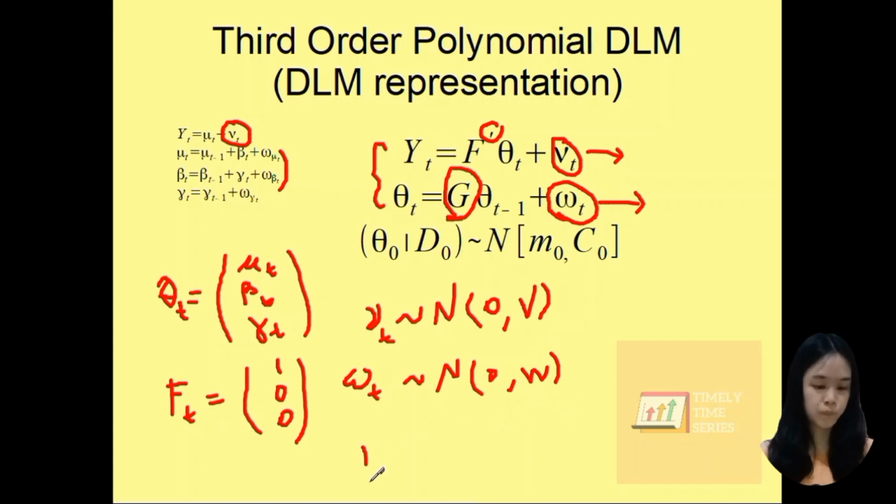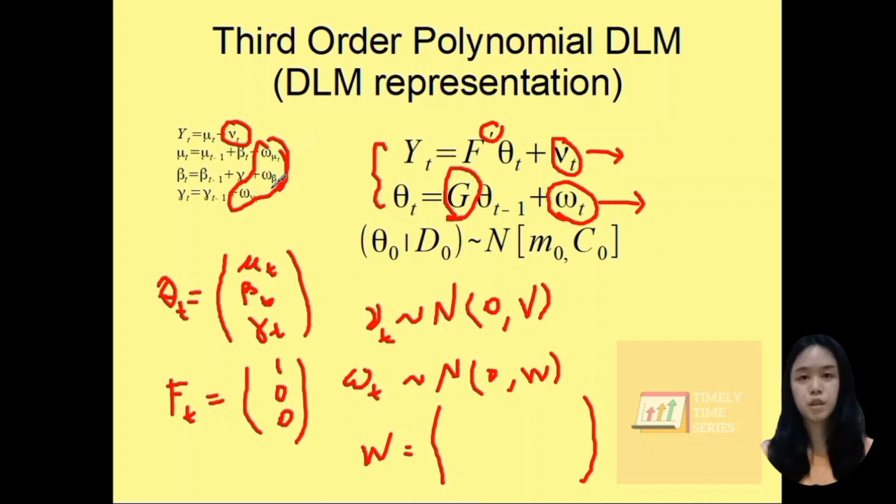While W is a matrix, a 3 by 3 matrix. The three omegas here will be put in the diagonal of W: omega of mu, omega of beta, and omega of gamma. And the rest of the elements are 0.